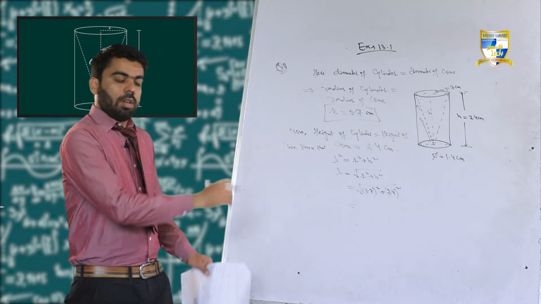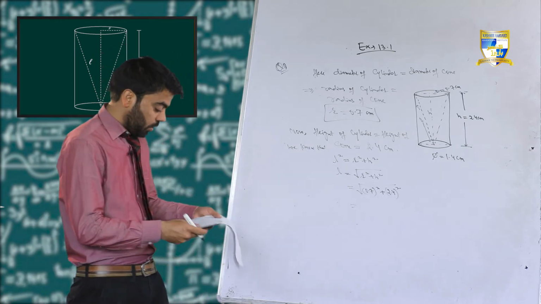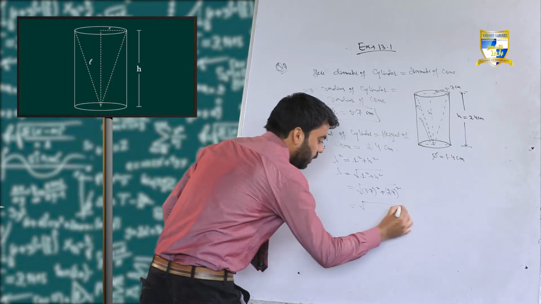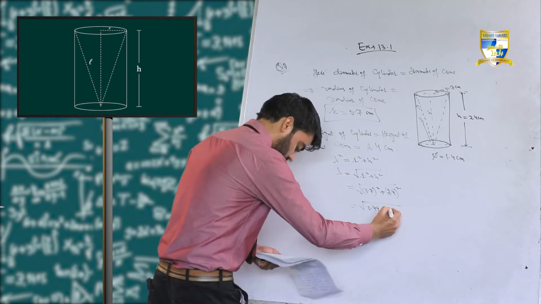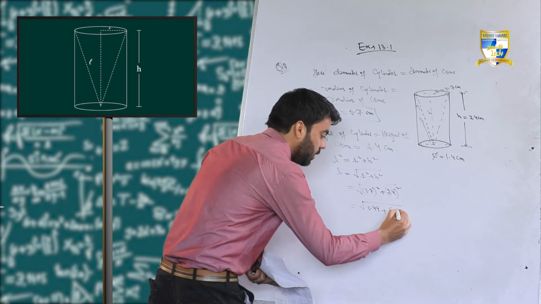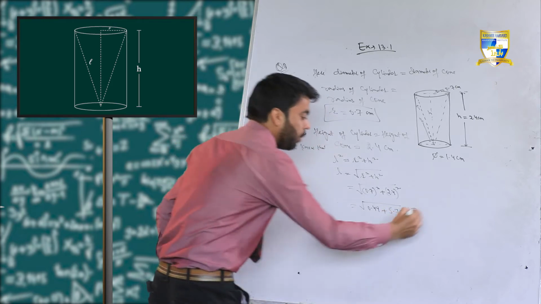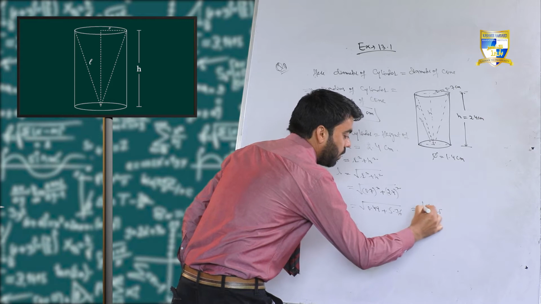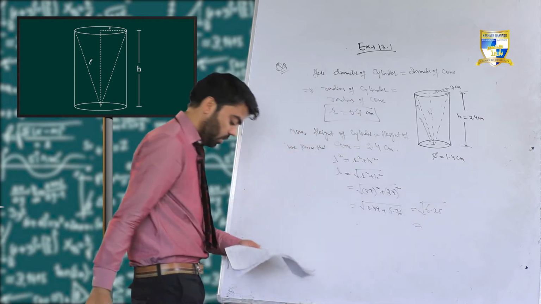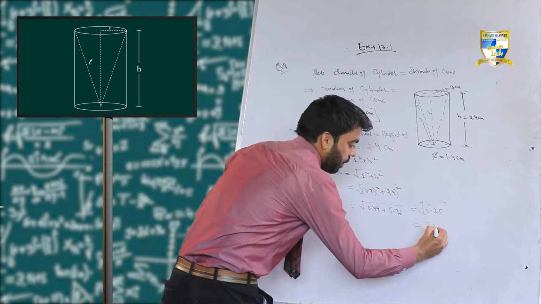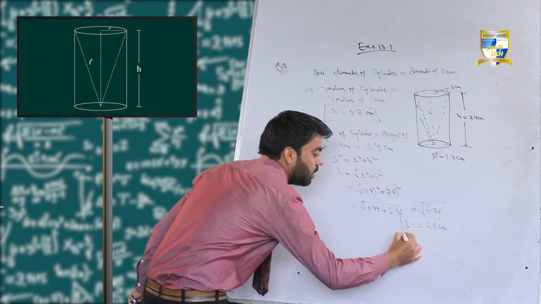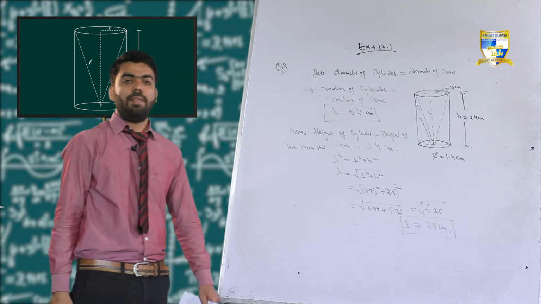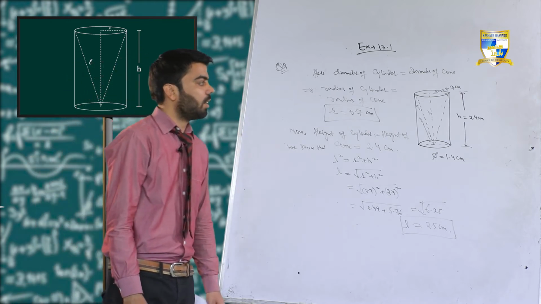So 0.49 plus 5.76 equals 6.25. Under root of 6.25 is 2.5 centimeter. That means the slant height is equal to 2.5 centimeter.